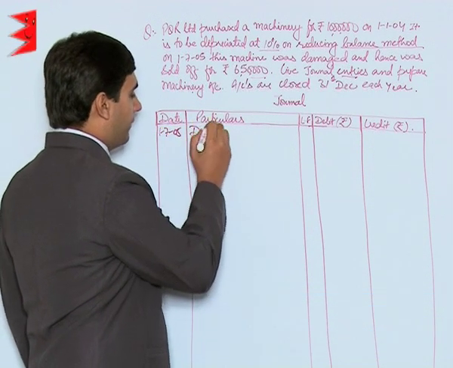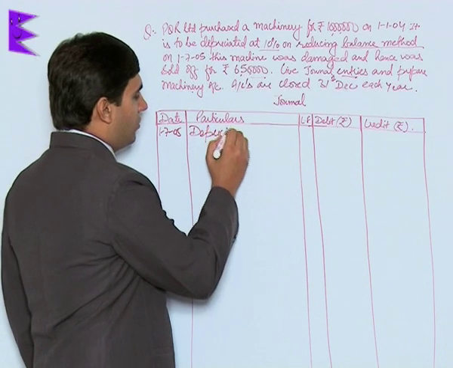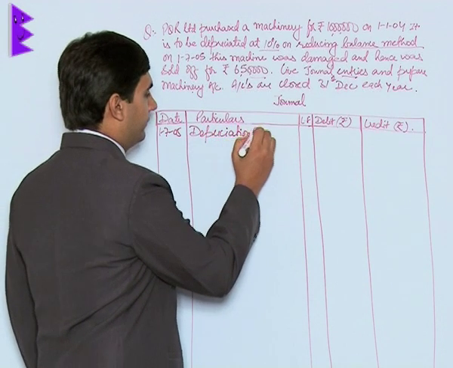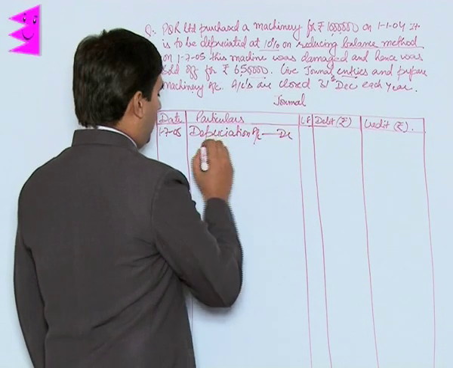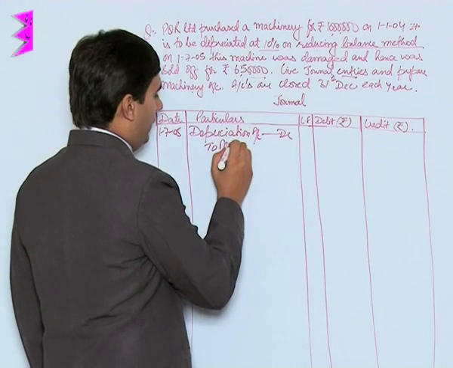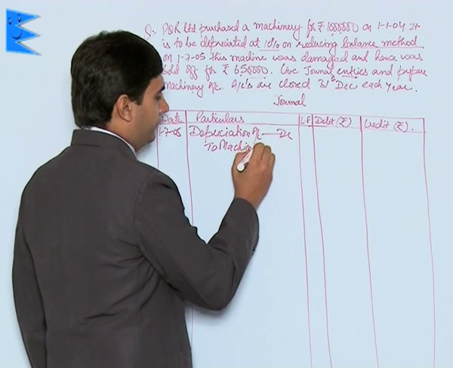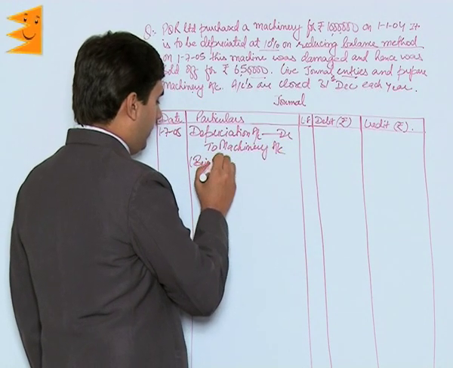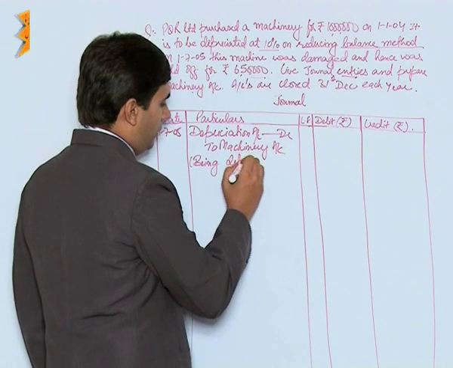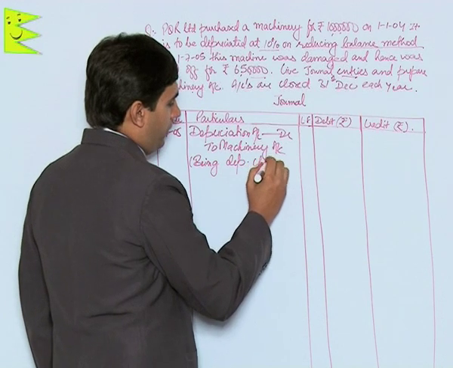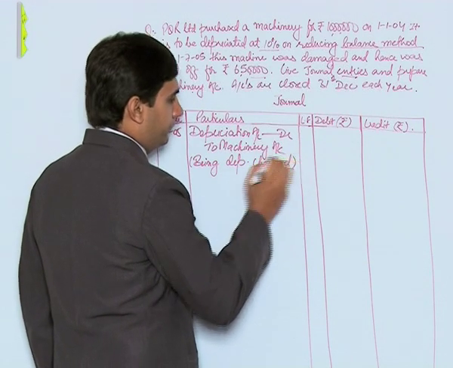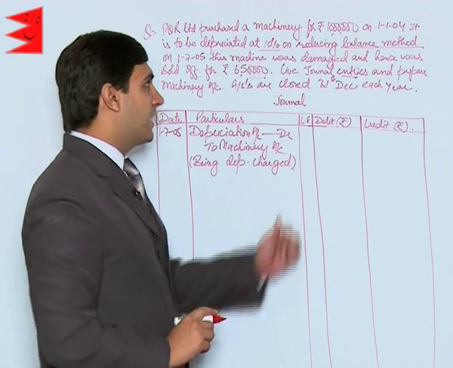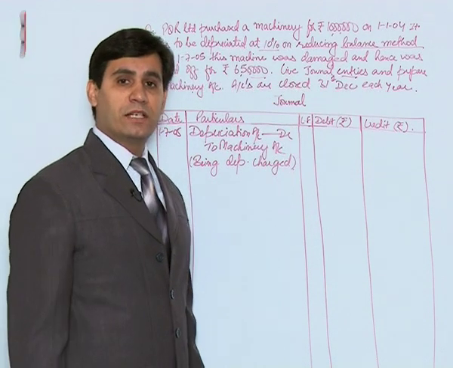The entry would be depreciation account debited to machinery account. Again narration would be being depreciation charged. Now students, it is a case of reducing balance method, that is written down value method.